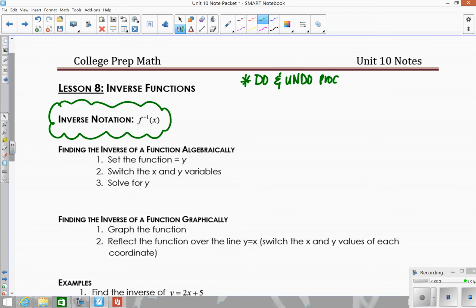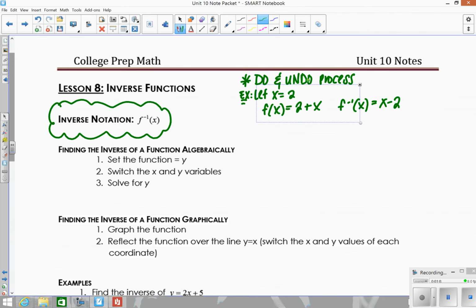So basically what that means is, let me give you an example. We're going to let x equal 2. And let's say I have these two functions. I have f of x equals 2 plus x, and the inverse of that function is x minus 2.